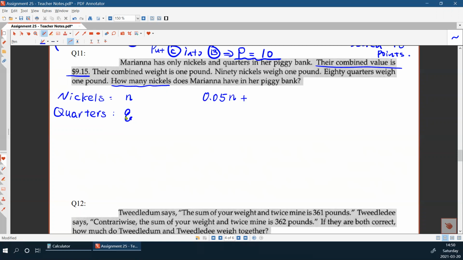And for the combined value of Q quarters, for each quarter, the value is 0.25, right? That's why this is called a quarter. So for all the quarters, the combined value is 0.25Q, right? So the total combined value is 9.15. This is one piece of information we have interpreted from the English sentence, right? Okay. Is there any other information that we know?